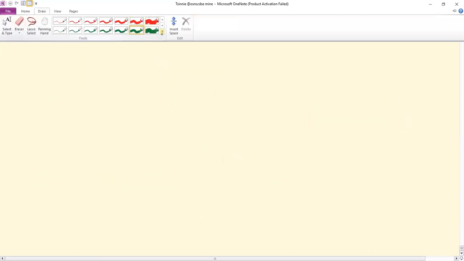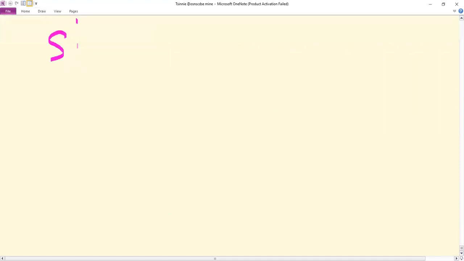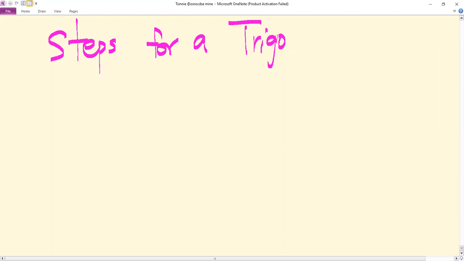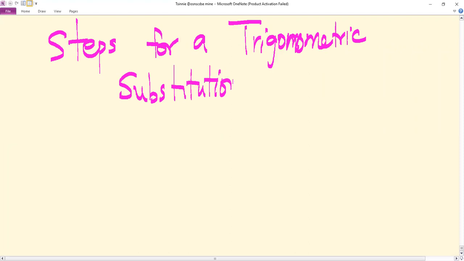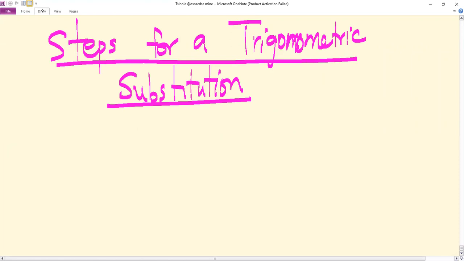So the algorithm, or steps, for trigonometric substitution: there are 4 steps.